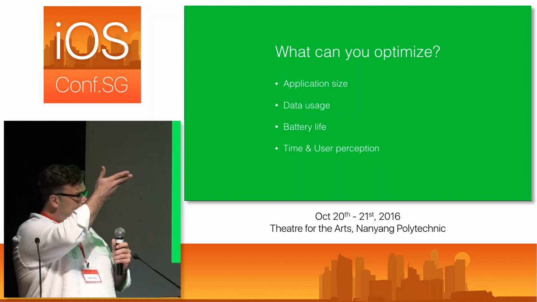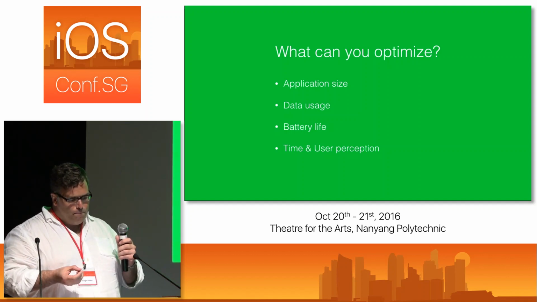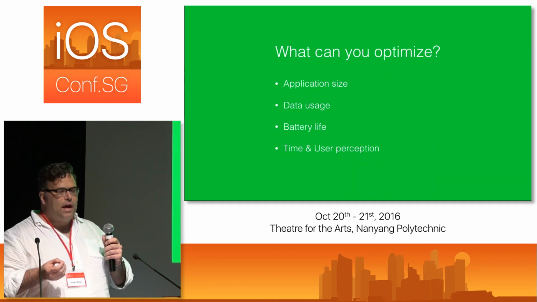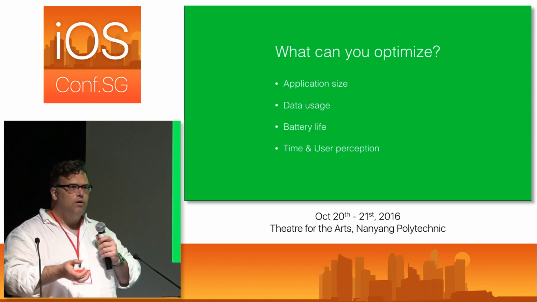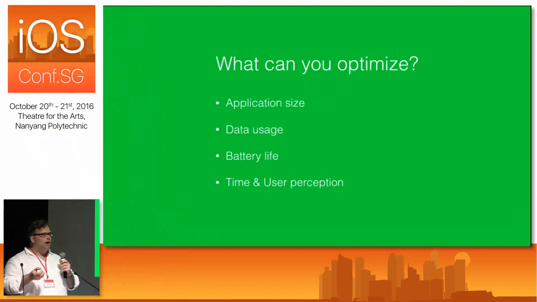And how the user is perceiving what's going on here. So why do these things matter? The application size, you don't want people to think you're using up too much space on their phones, so how do you shrink that size? Data usage, if people are having to pay for every byte that they're downloading, you don't want to abuse that trust. The same thing with battery, you don't want to use too much battery.